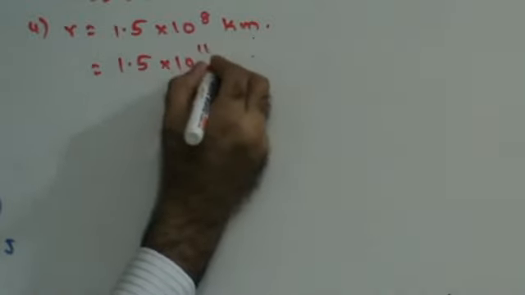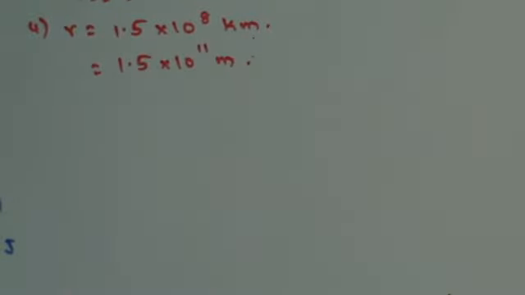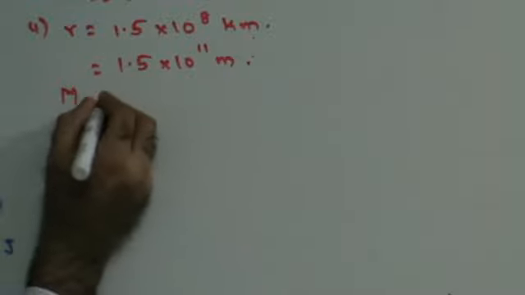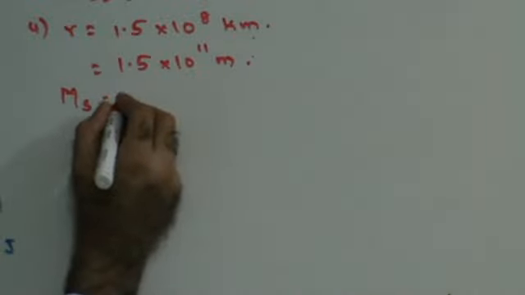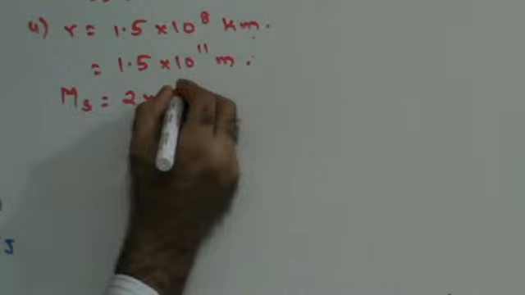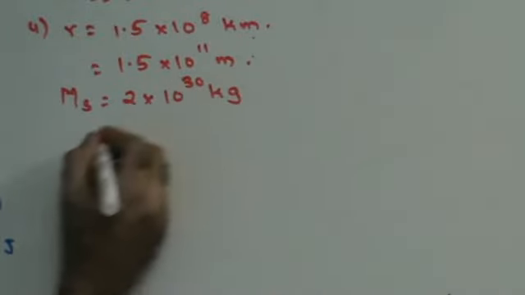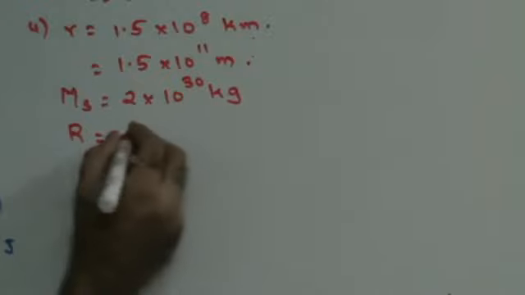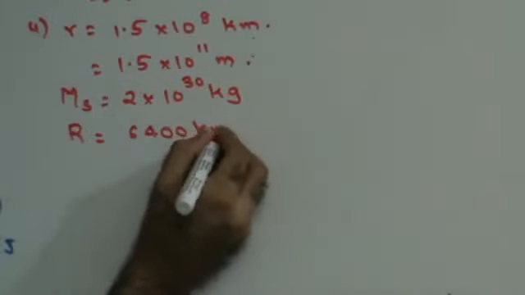Calculate the binding energy if mass of sun is 2 into 10 raised to 30 kgs and radius of Earth is nothing but 6,400 kilometers.